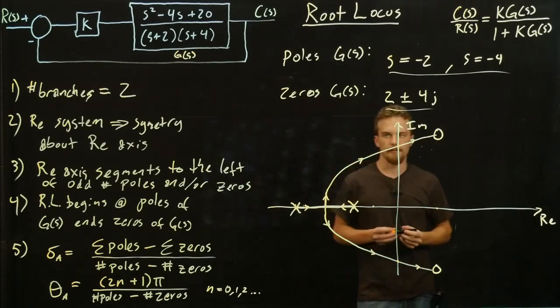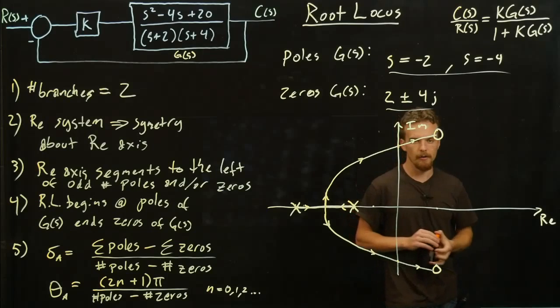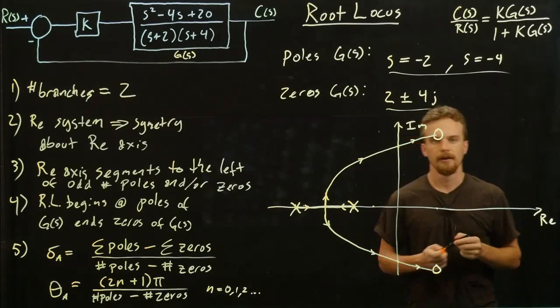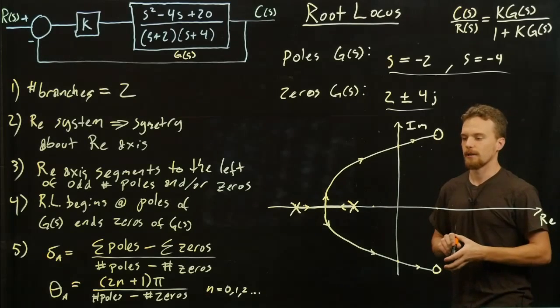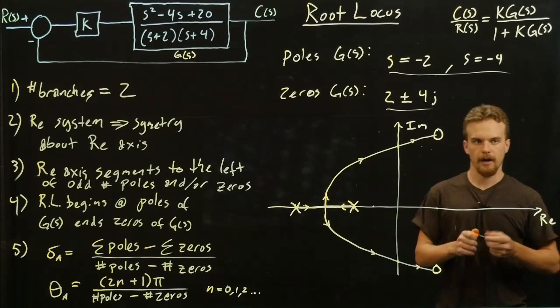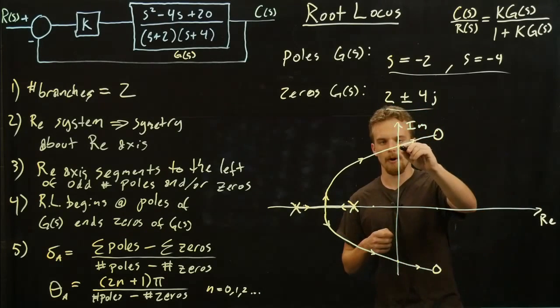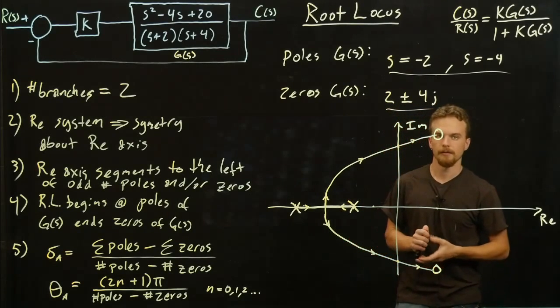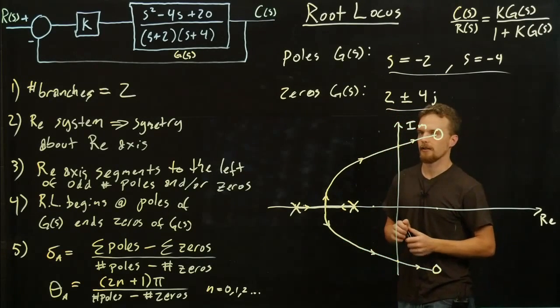What does that mean? We know that our system becomes unstable once our poles end up over here, right? So a pretty useful thing we can get out of the root locus is where that happens. What values of k cause this to cross over into the unstable region. We'll figure that out next time.